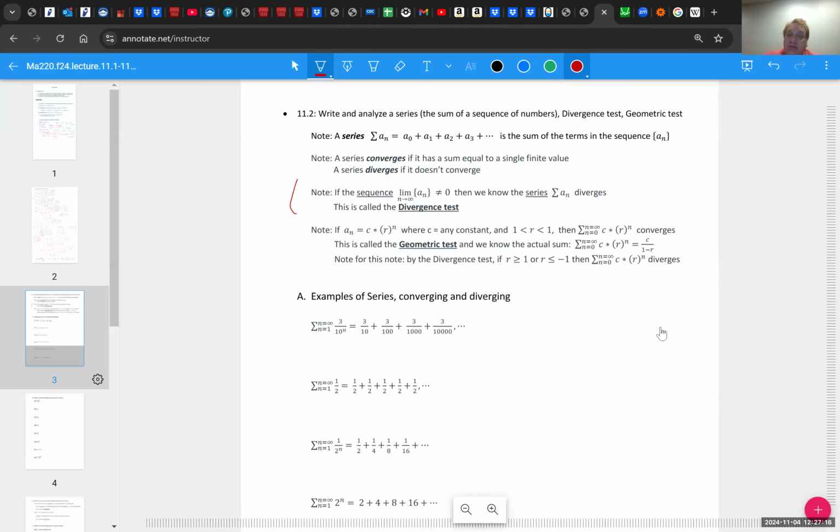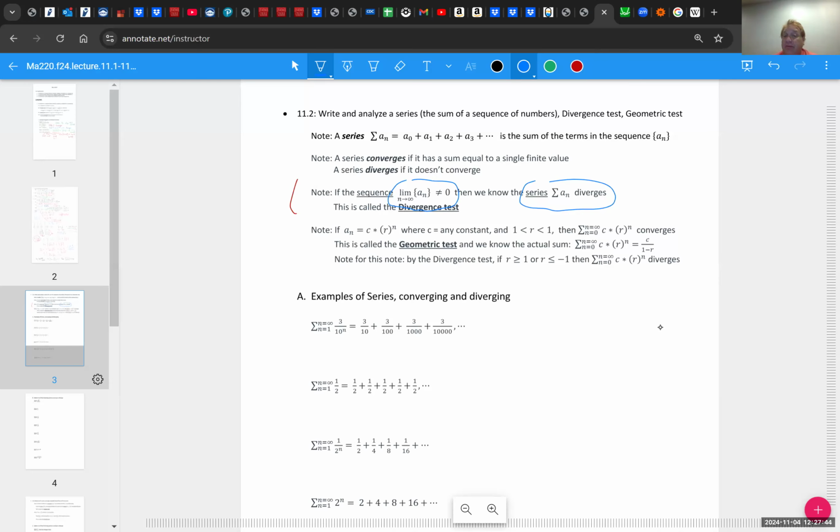So if you have a sequence of numbers where the limit does not equal 0, anything but 0, then immediately we know that the series of those exact same numbers, if you're adding them together, does not equal a finite value. Okay, so that's called the divergence test. A lot of times we start with that because it's very easy to find a limit. And if it's not equal to 0, you're kind of done. You know the answer is the series diverges, and there's no need to do further analysis.